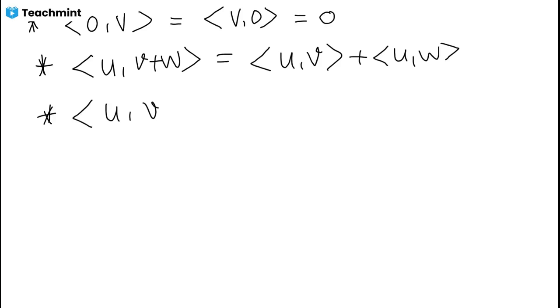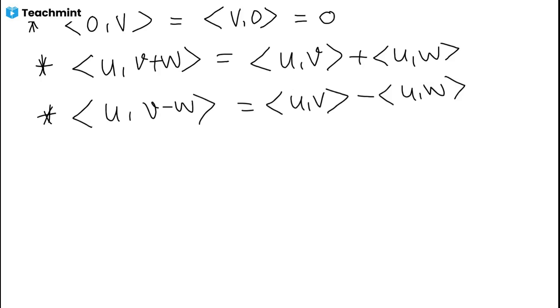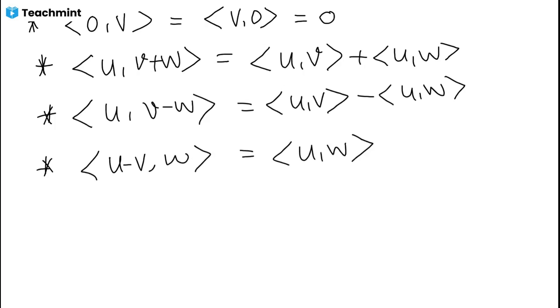If we had a minus sign between them, then we take it similarly. We have done it for left, now we are doing it for right. So if we have u minus v along with w, then obviously we write u comma w minus v comma w.